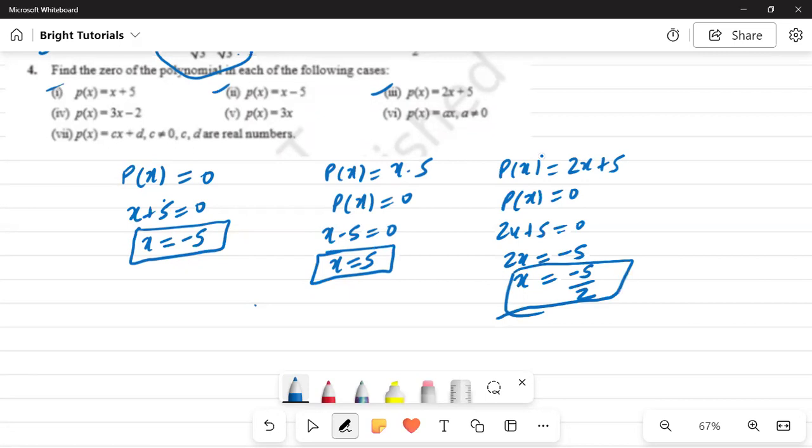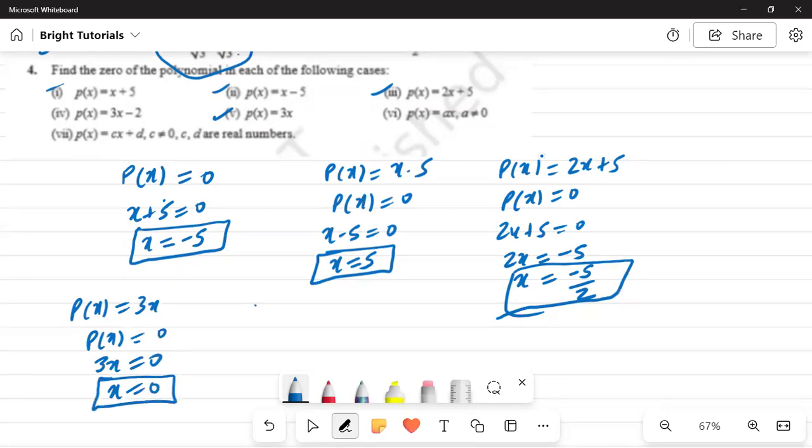I am doing part number 5. How will we do part number 5? We will similarly put p(x), which is 3x, equal to 0. We will get 3x equal to 0. So x is equal to 0. So 0 is the zero of this polynomial.